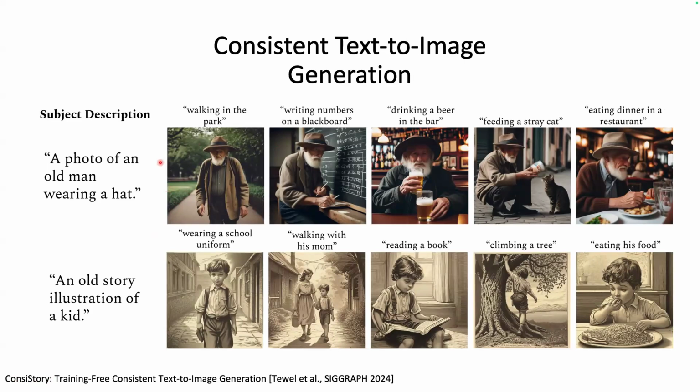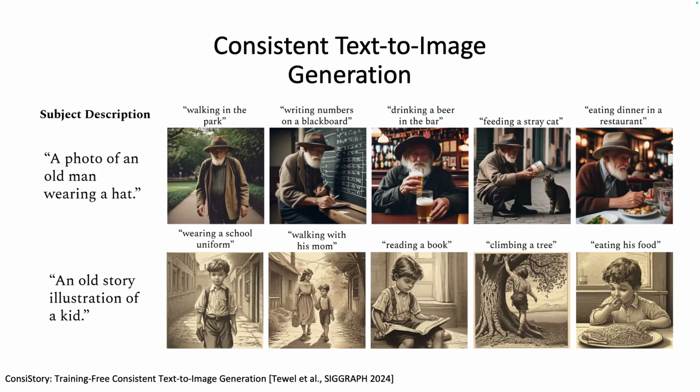Here, the goal is to have consistency mostly in the content, mostly in the main subject in the image. So for example, if we have this prompt, a photo of an old man wearing a hat, we want to generate the same man walking in the park, writing numbers on a blackboard, drinking beer in the bar, and so on.